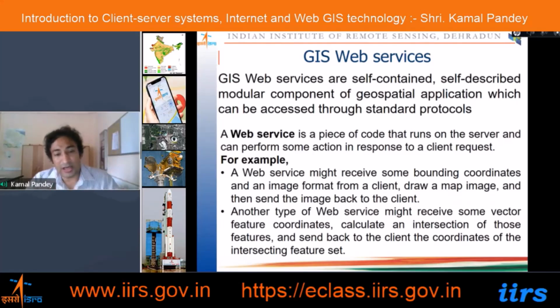So this kind of information can be sent to the web service. The web service will perform an intersection of these layers, which in the GIS environment we can call geoprocessing, and it will provide the response to the client.